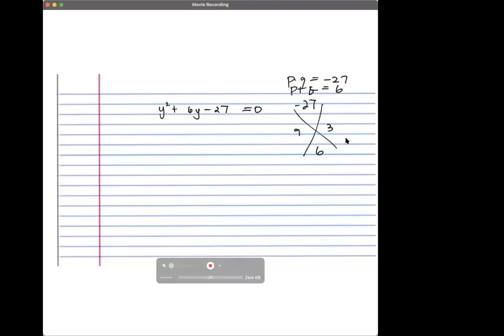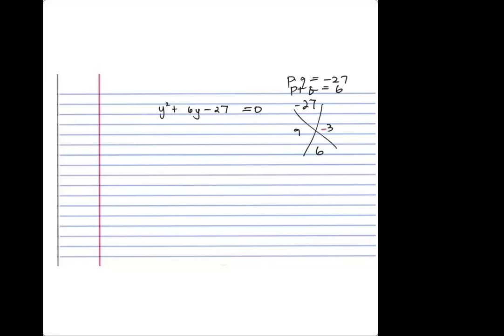And then I want it such that when I add them, I get a positive 6. So I'm going to put that minus sign right on that 3. So then my P is going to be 9 and my Q is going to be negative 3. That's my numbers.